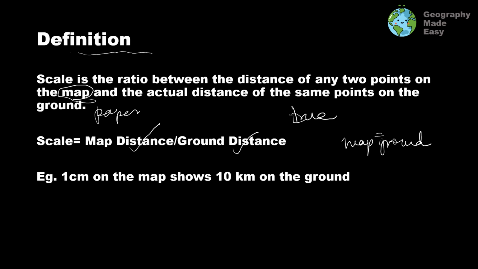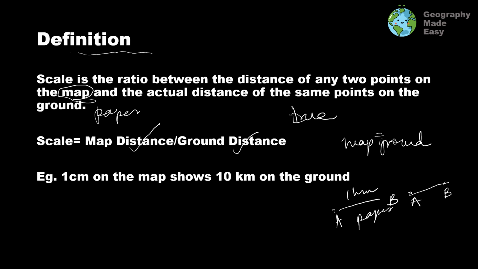So my distance between point A and B, if it is 1 kilometer on the paper, it is also the same when it is drawn on the ground.